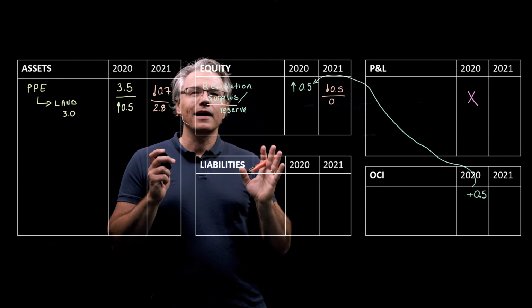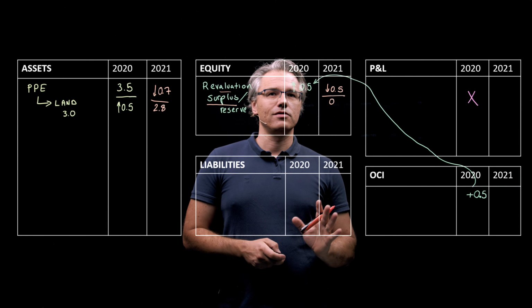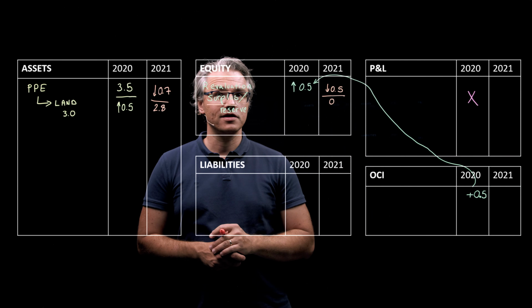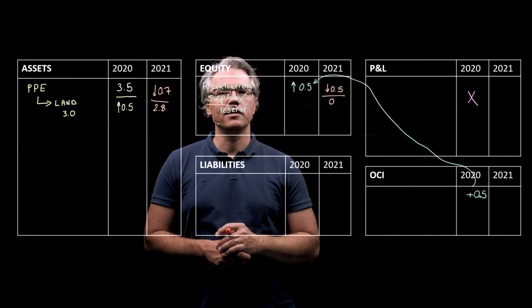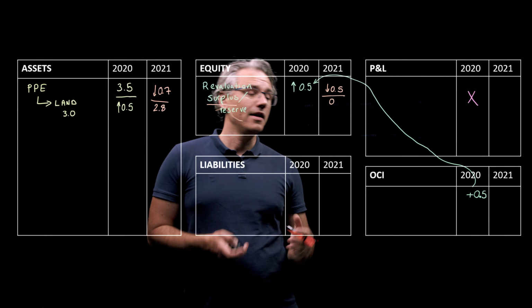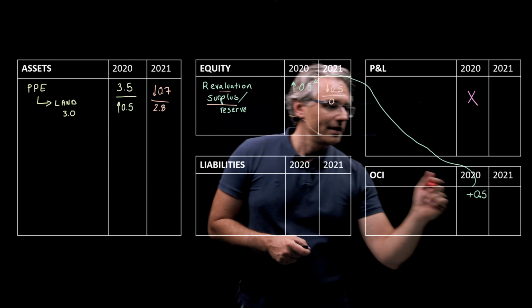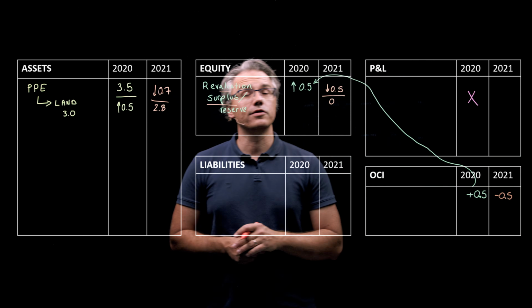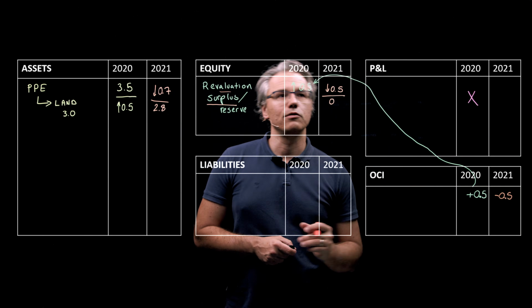However, any further losses, that is losses which go beyond merely reversing the previous positive entry of 500,000 in revaluation surplus, will need to go to P&L. So let's record this. A negative 0.5 million entry to OCI in the 2021 column.